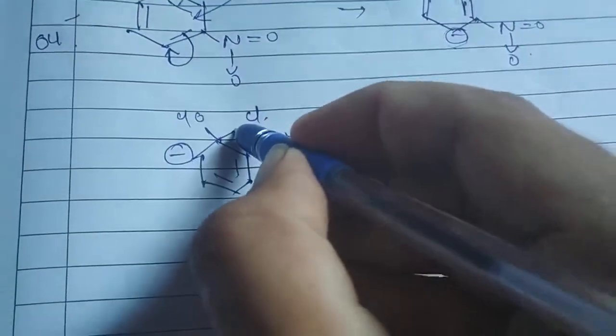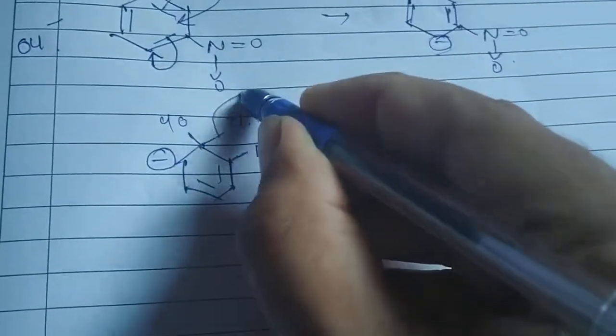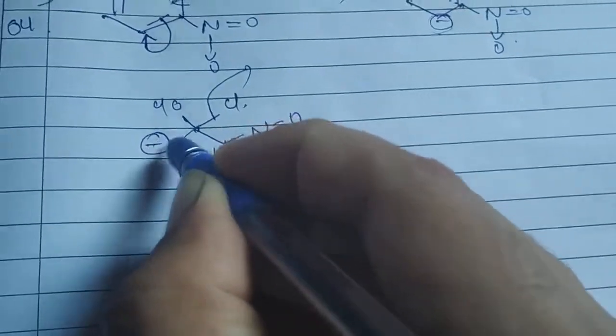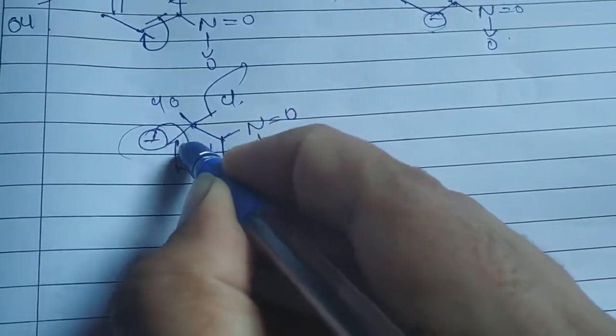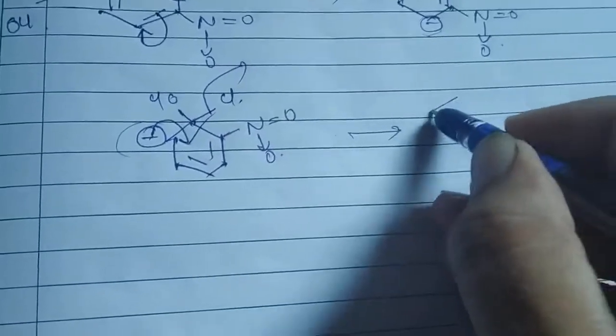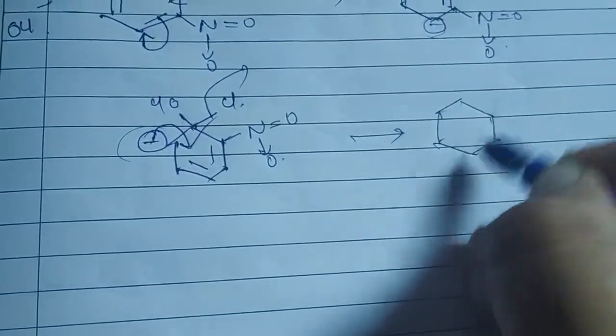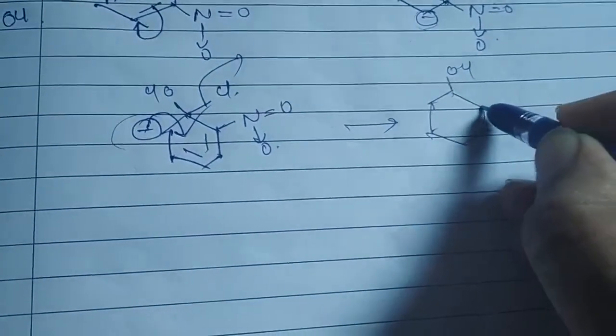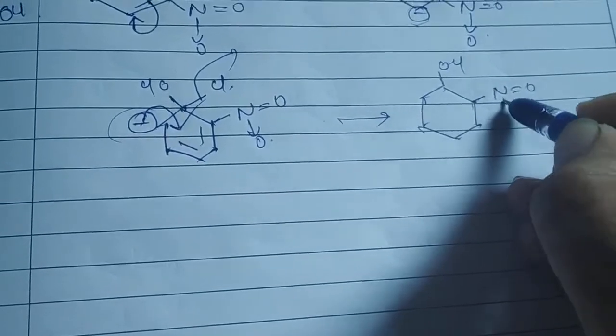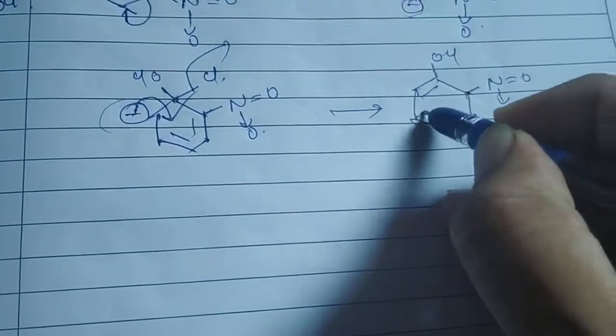Yes, in this way. So now what will happen? Since Cl is a good leaving group, it will move out and this extra pair of electrons will form a pi bond. So the final product you will be getting in this way, OH at the ortho position to the nitro group. Can you see? So this will be my final product.